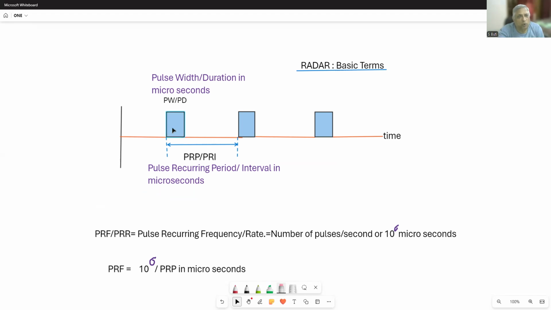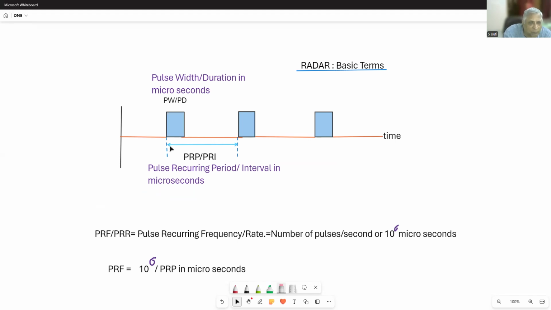This pulse will go and hit the object and it will get reflected back, and at your transmitter aerial, you can receive it back.